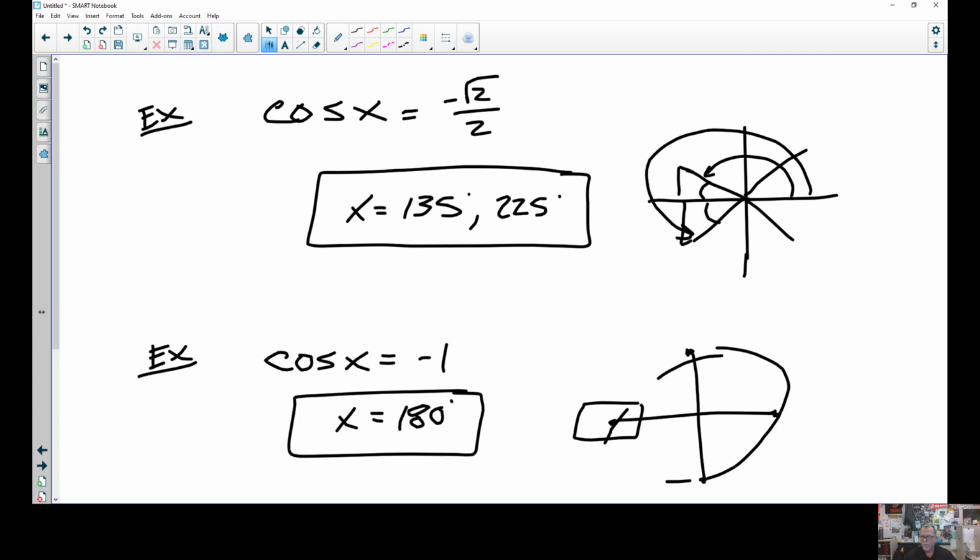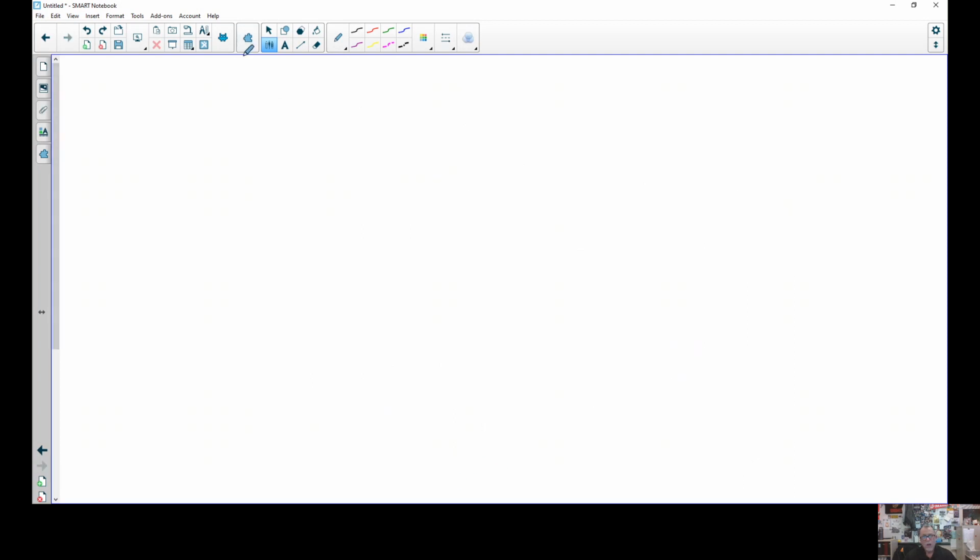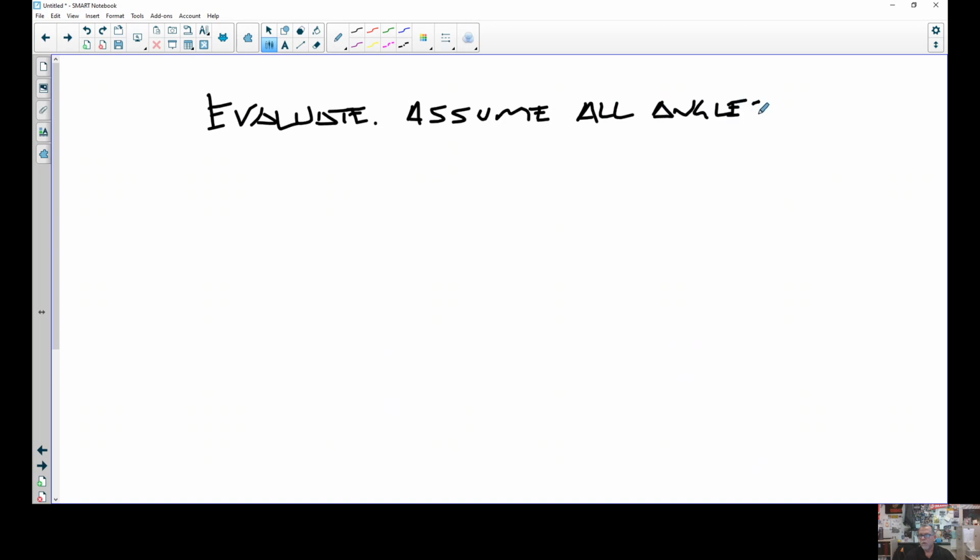All right. Now, we're also going to be evaluating some others. Another type of example where it says evaluate. And in some ways, I think these are a little easier because it'll say assume here all angles are in quadrant 1.